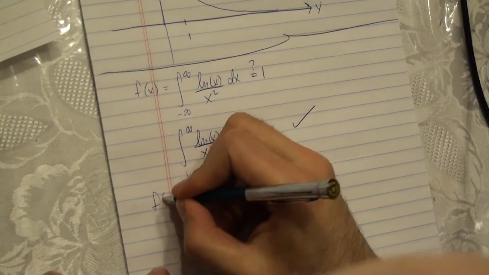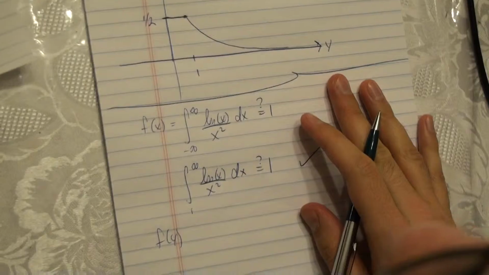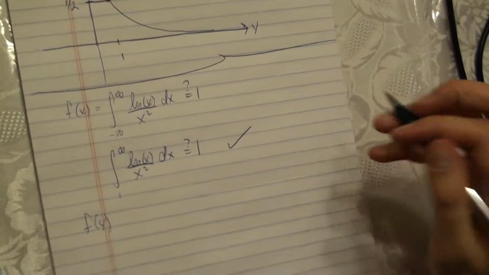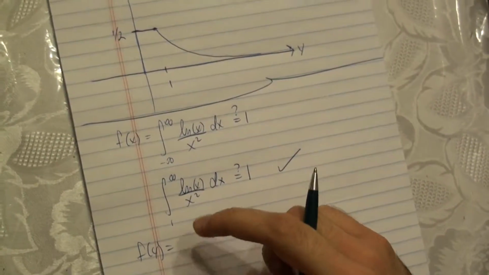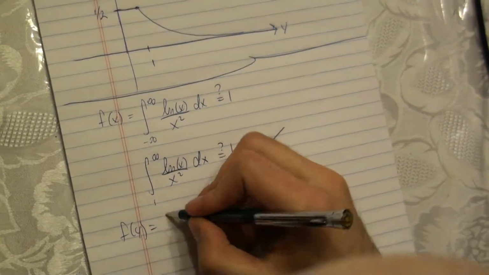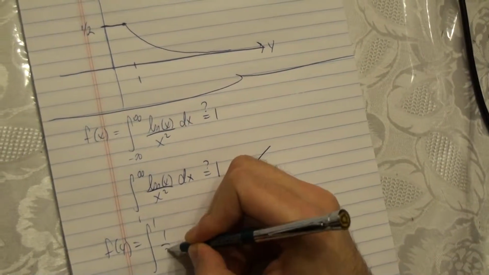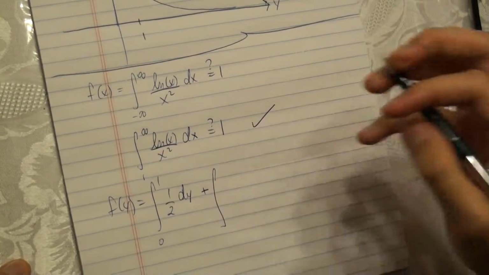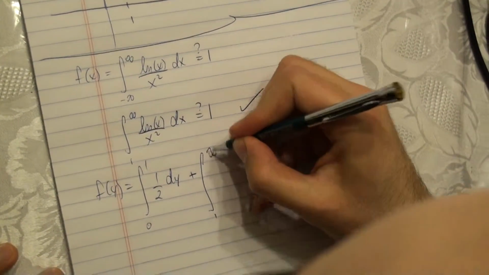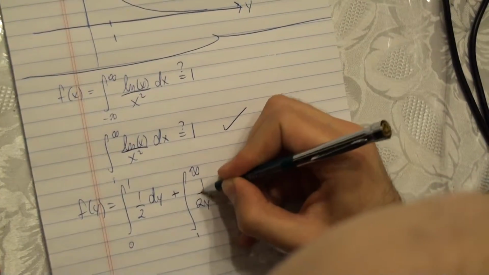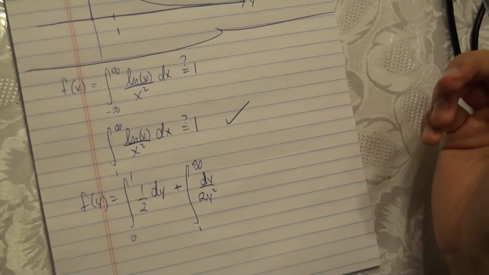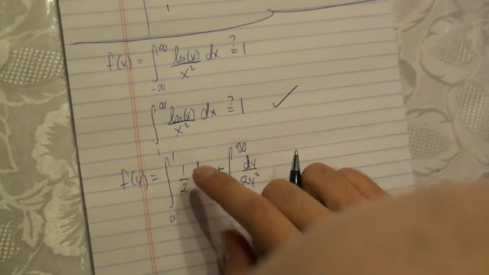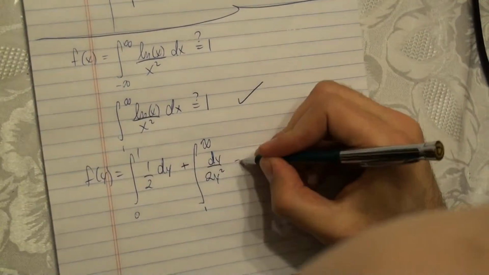Now, for f of y, I actually have to do it. We haven't done that integral. From y 0 to 1, we integrate 1/2 dy, and we're adding to that the integral from 1 to infinity, 1 over 2y squared dy. This guy just becomes 1/2.